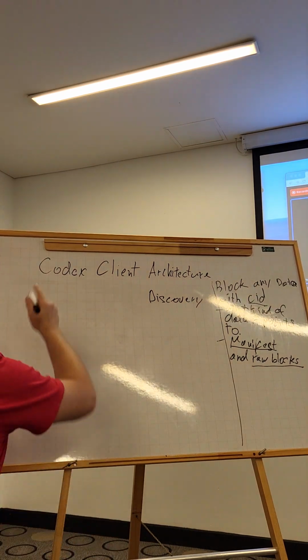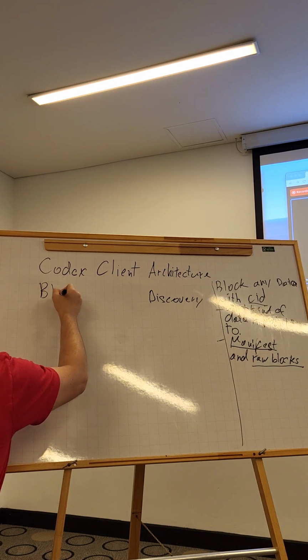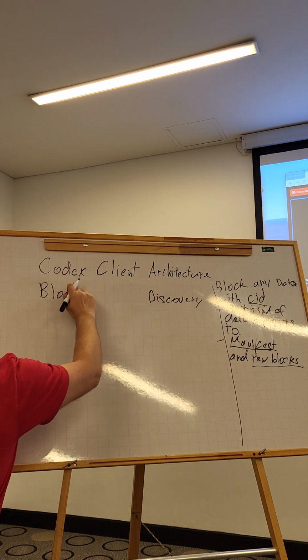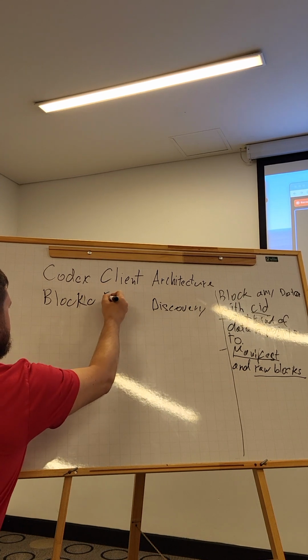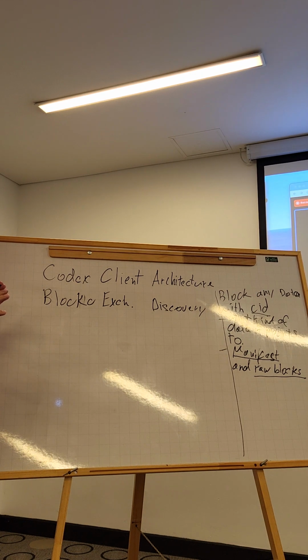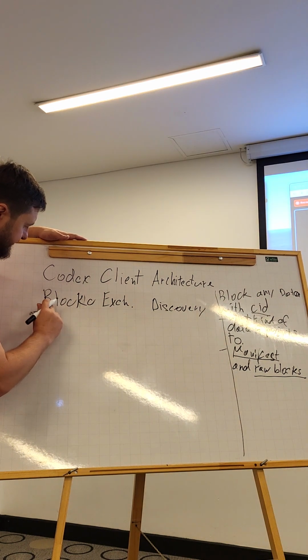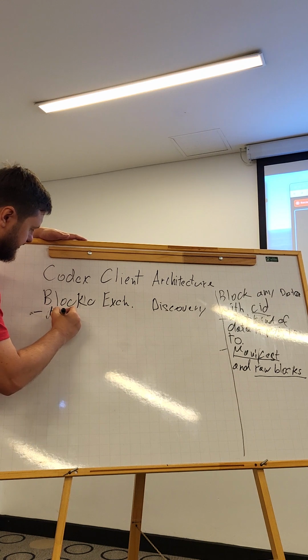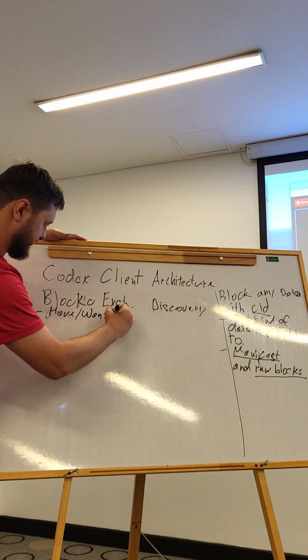The flow of the block exchange, I guess the most important part to understand, is that there are the have and want lists.